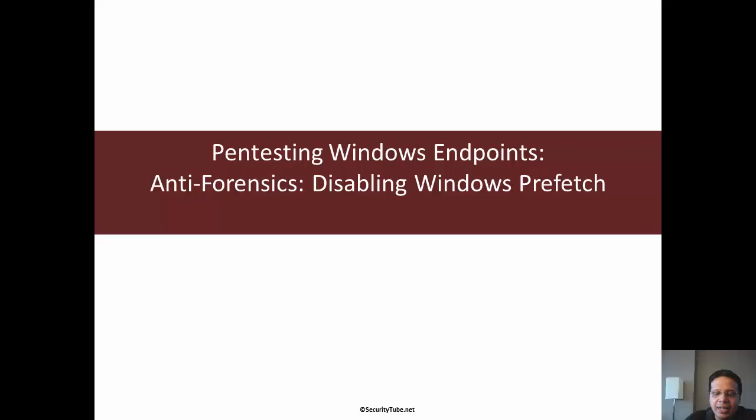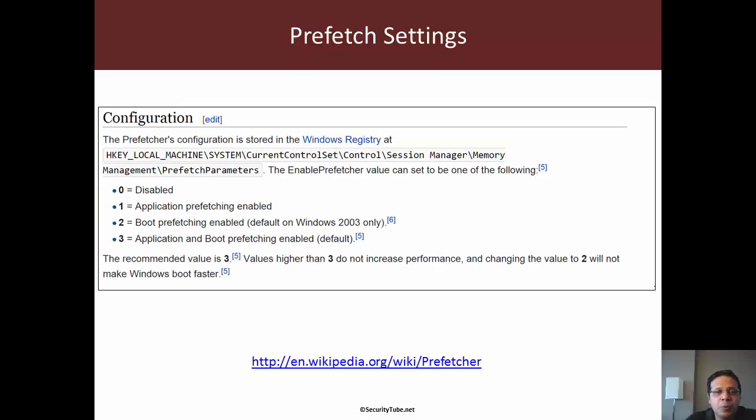So in the last video, we explored why the prefetch directory is a treasure trove for forensic investigators and why as a pen tester you do not want to leave remnants there because it might show up immediately to an admin who processes the prefetch folder or even an SIEM product or something which might pull that and look for anomalies.